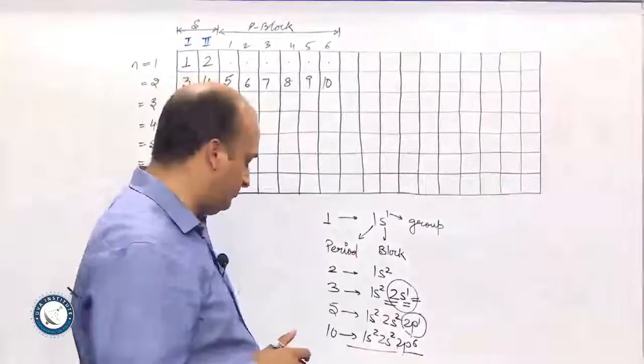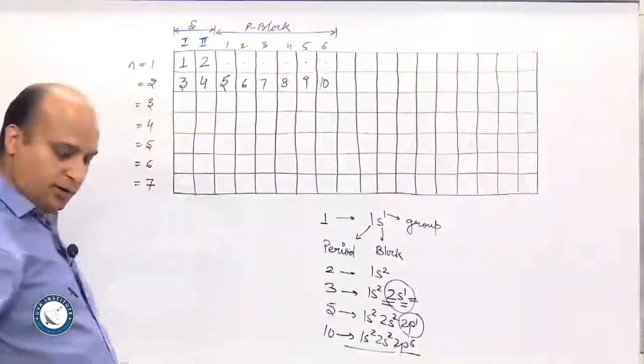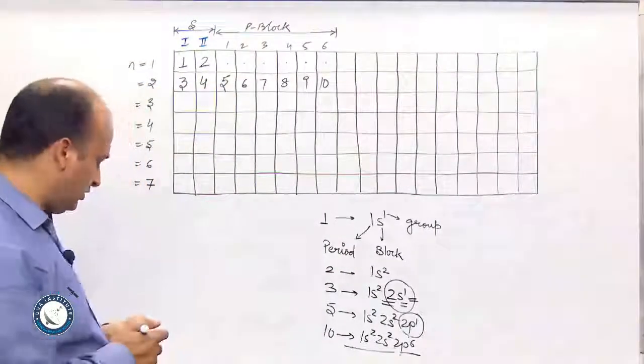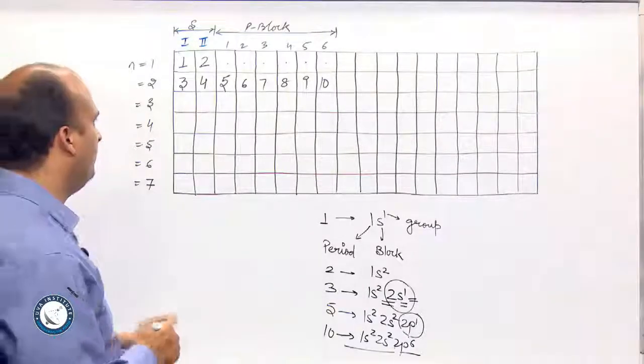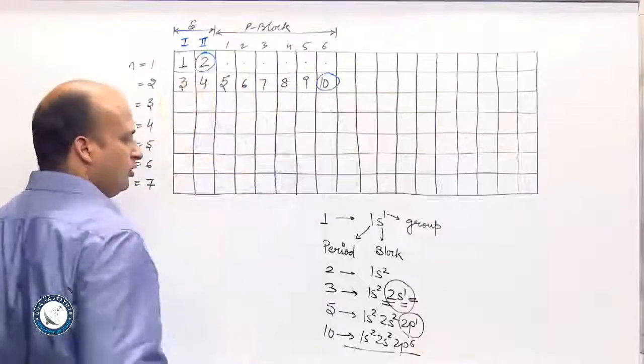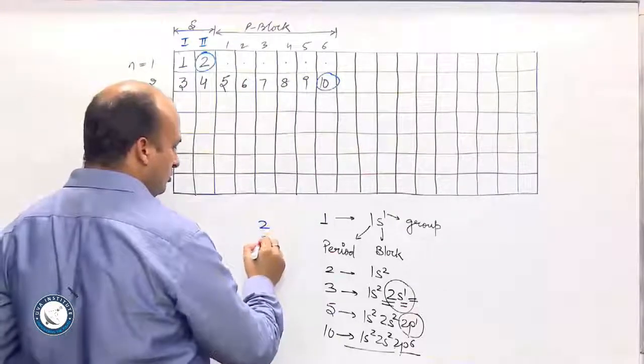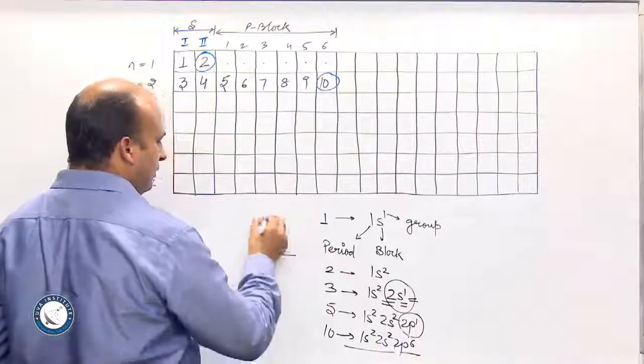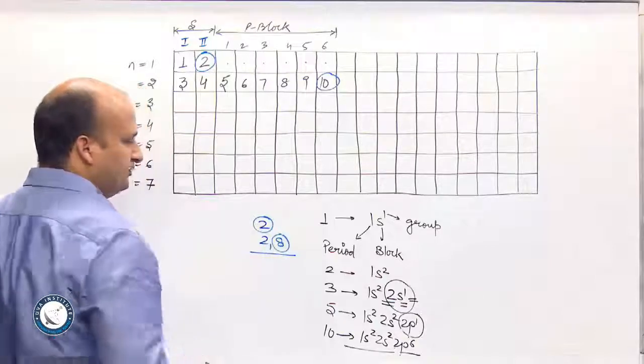But there is a problem. Now you will ask me, sir, what is the problem? See, my dear friends, atomic number 2 and atomic number 10 have something in common: 2, 2, 8. Their outermost shell is complete.